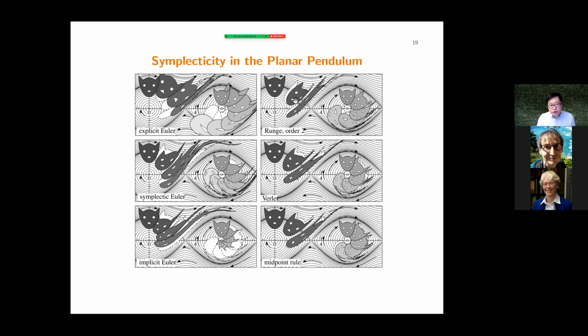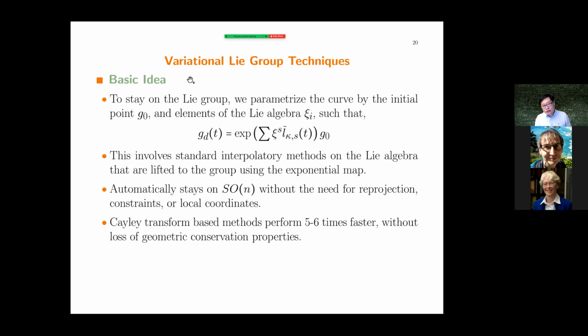All right, so you can also generalize these ideas to construct numerical methods which evolve on Lie groups. And the way you go about doing this is that you can construct the following ansatz, which more or less says that the curve on the Lie group is the exponential of some curve in the Lie algebra times the initial point in the Lie group. So to make this more concrete, if your Lie group is the space of rotation matrices, then its associated Lie algebra is the space of skew-symmetric matrices.